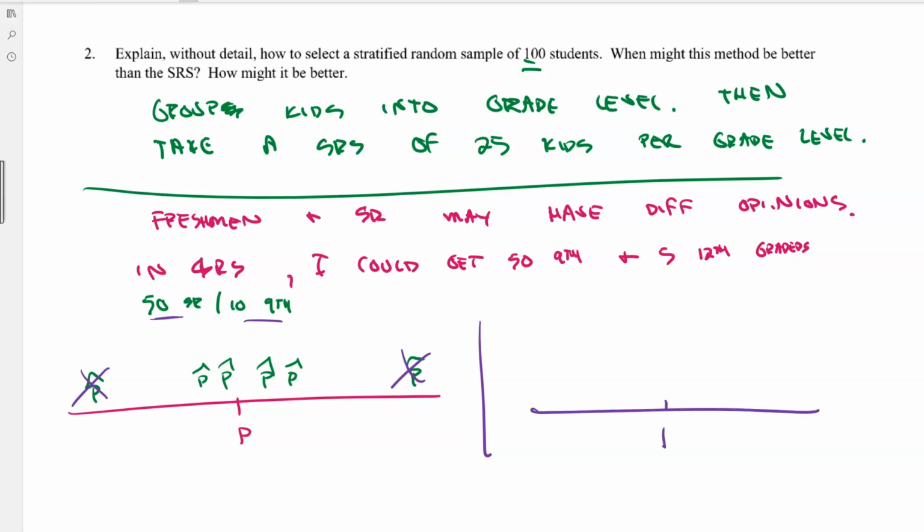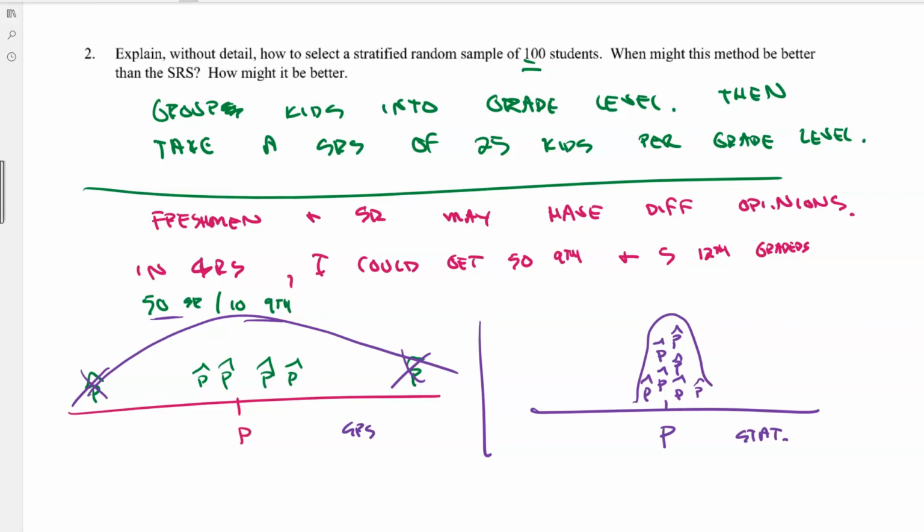So, because each grade probably has similar opinions within the grade, and between the grades they have very different opinions, you should get a sample proportion that is less variable with a stratified sample than you get with a simple random sample. So what does it do?